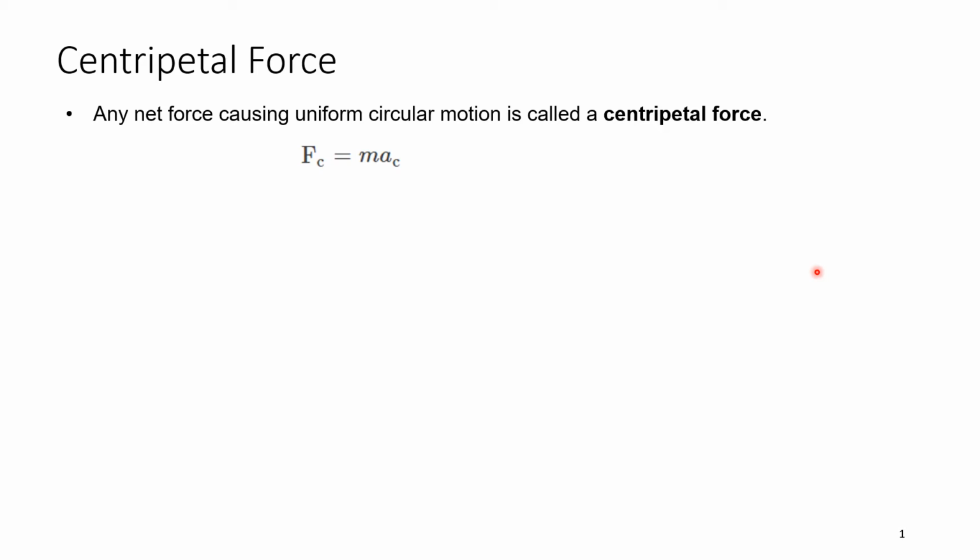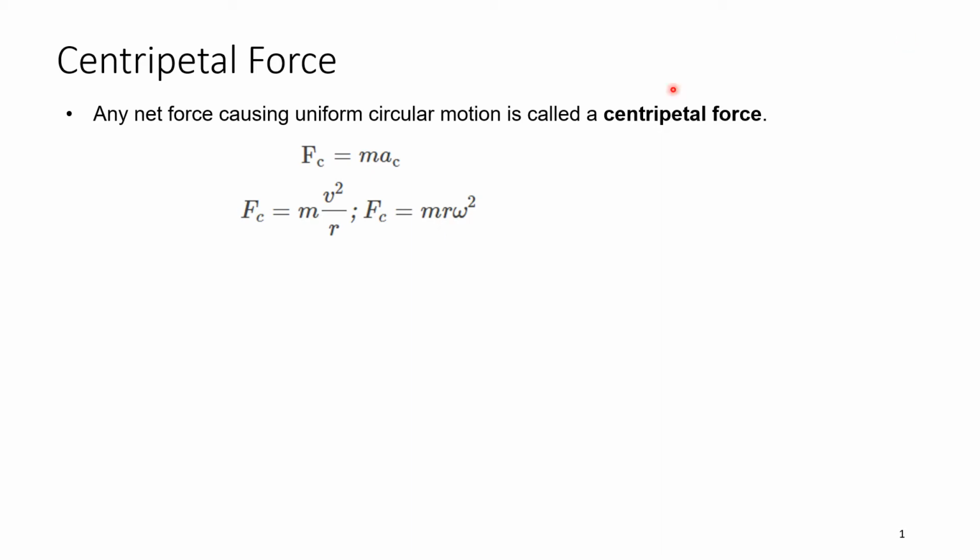Consider the relationship between the centripetal acceleration and the linear velocity and the angular velocity. We get these two expressions for the centripetal force Fc in terms of m, v, omega, and r.